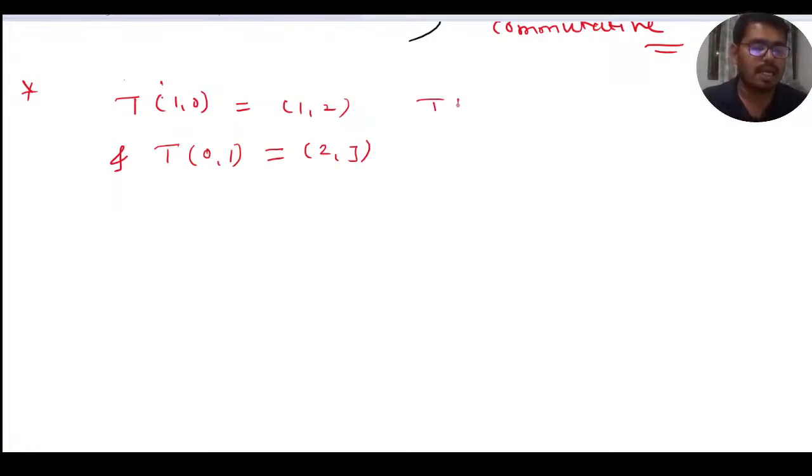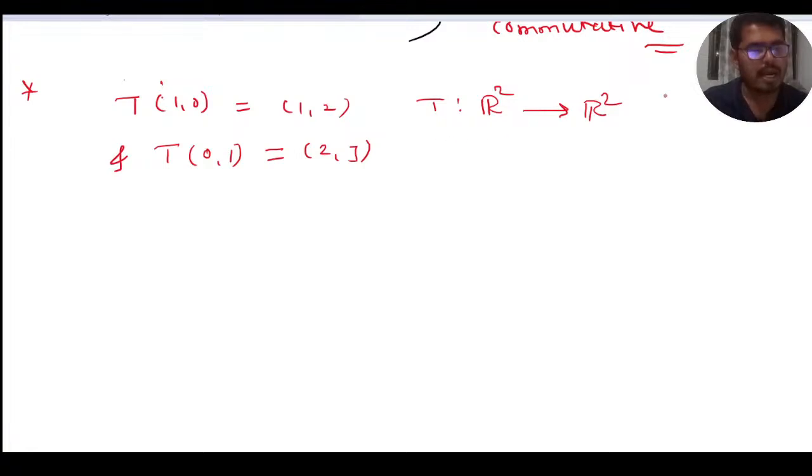And T is a linear map from R2 to R2, because (1,0) belongs to R2, and the codomain also, (1,2) belongs to R2.